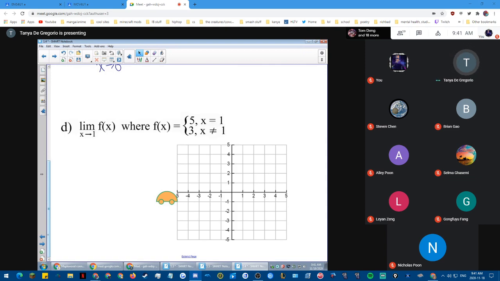All right. Let's look at D. So here we have another step function. How do I draw it? You guys try to draw it.